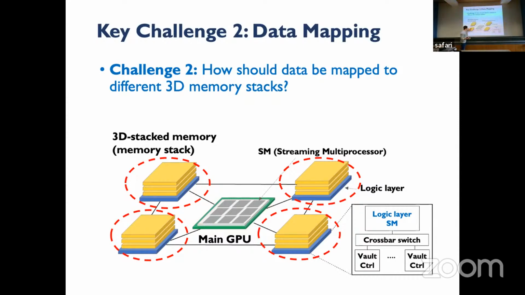Because we have local memories for the cores that reside in the logic layer or near the memory banks, while other layers are far away from these cores, right? So when it comes to mapping the data and deciding where each of the different data structures is allocated in these different stacks, it's better that we make an intelligent decision.